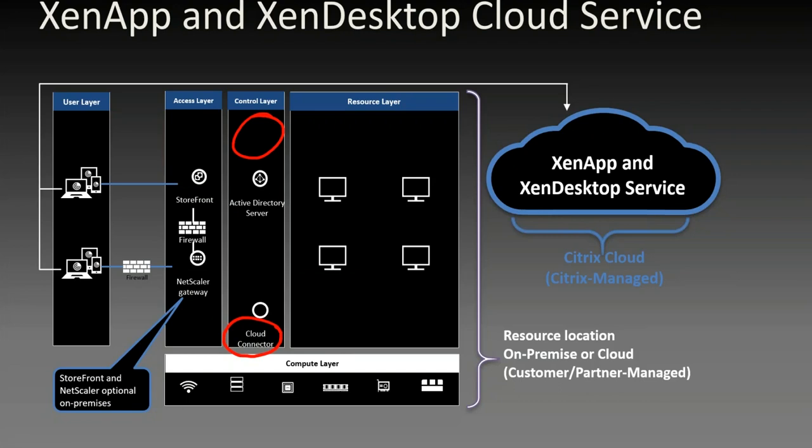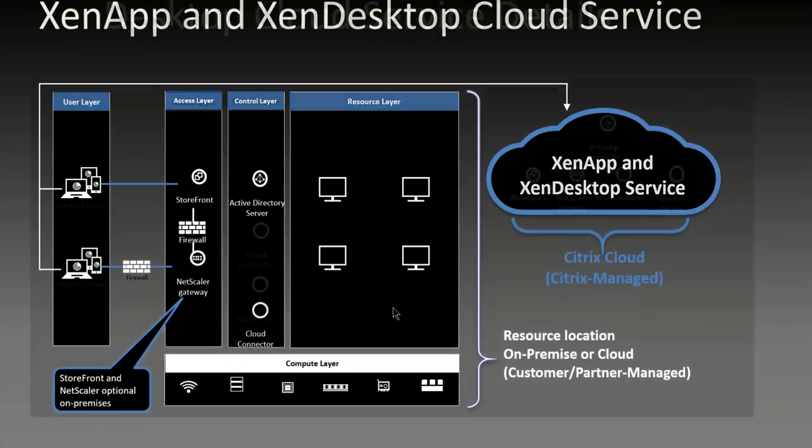That agent will act as a proxy between all of your resources and the cloud. So the virtual delivery agents will register with the cloud, then the Cloud Connector will connect up to the XenApp and XenDesktop service across the internet using a secure connection. So we've eliminated the majority of the XenApp, XenDesktop components on the system so that it's all in the cloud.